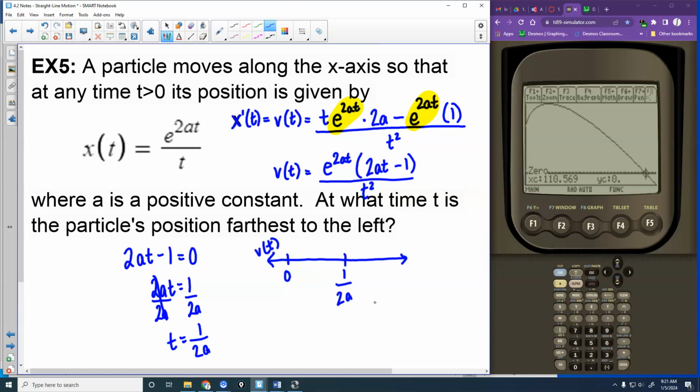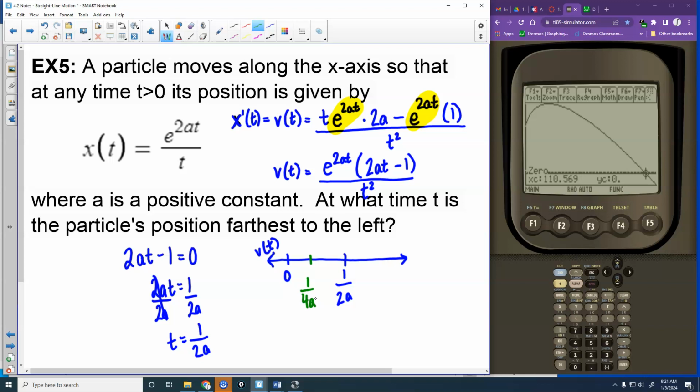It would depend on what your a value is. But if we do 1 over 4a right here, we're making that denominator bigger by multiplying it by 4, which makes its overall value smaller.